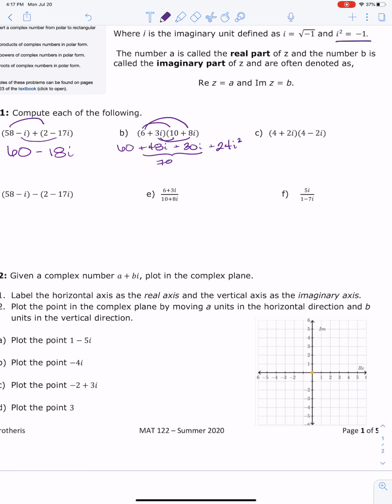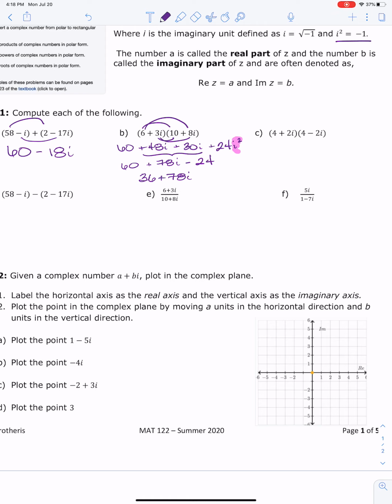I've got a 78i here. My 60's out front. We are reminded here that this i squared is -1. So I've got a plus 24 times -1 makes that minus 24. Now I can combine the real parts. 60 minus 24 is 36. Plus our 78i, we cannot combine those.